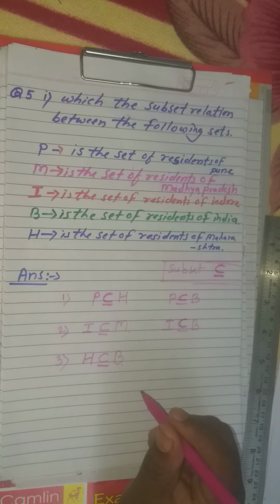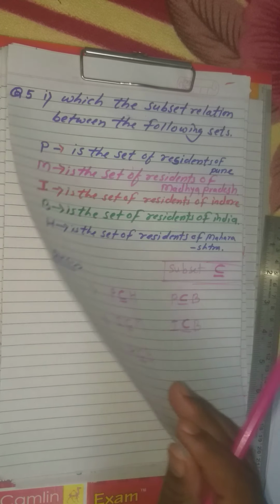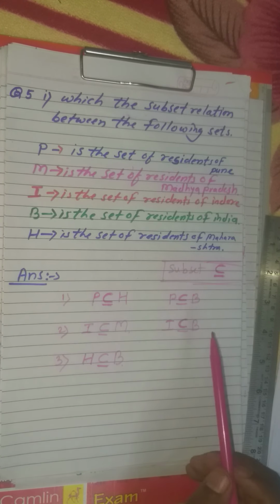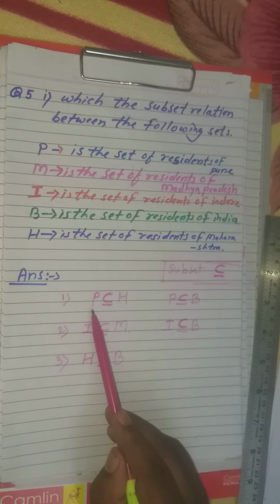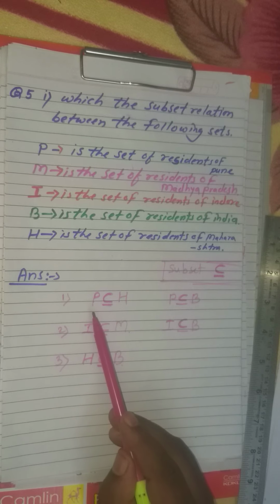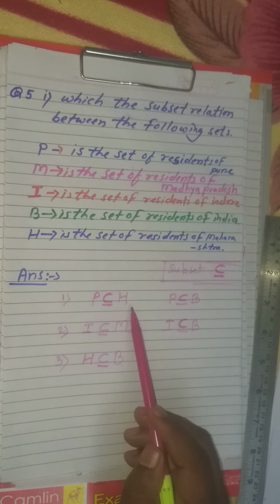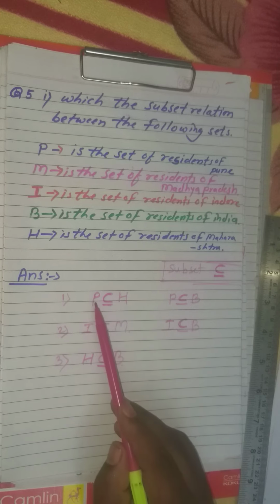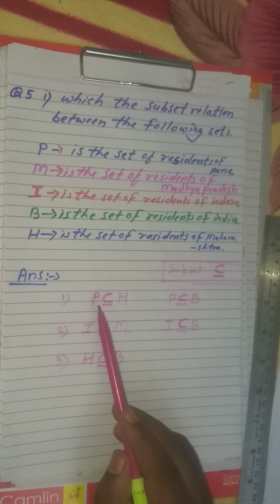We have to understand one fact in writing subsets. Subset means the set which is written first is the smaller set, and the set written after the subset symbol is the greater set. That means the greater set contains all the elements present in the smaller set written before.